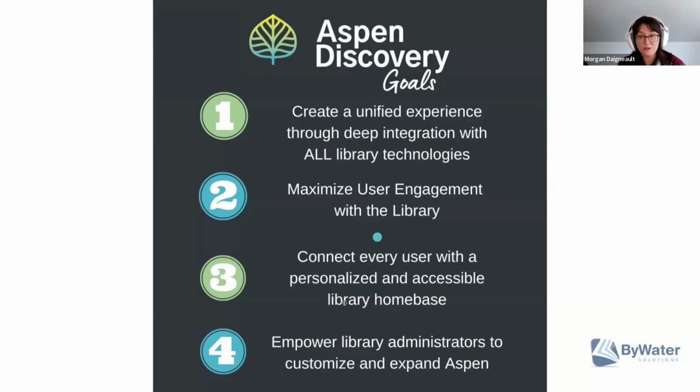We also want to connect every user with a personalized and accessible library home base. Aspen provides customization options to help you tailor the experience for users, as well as for users to interact with Aspen and enhance the experience for themselves. So we'll also take a look at the user experience later on so that you can see how easy it is for everyone.